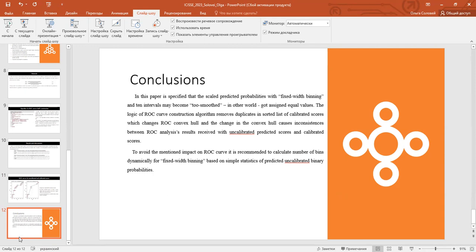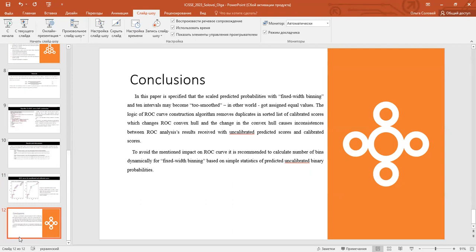The logic of the ROC curve construction algorithm removes duplicates in the sorted list of calibrated scores, which changes the ROC convex hull, and the change in the convex hull causes inconsistency between ROC curve analysis results received with uncalibrated binary scores and calibrated binary scores.